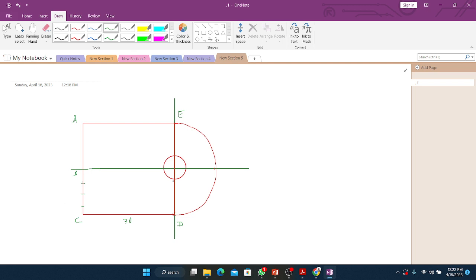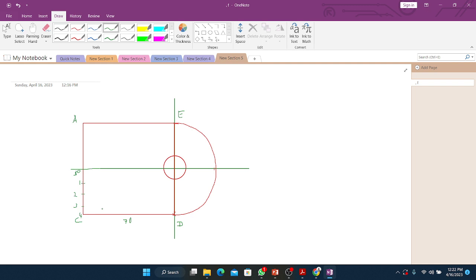So this one is normally 40, so you don't need to do the construction. Normally 10 millimeter using a ruler, 10 millimeter, 10 millimeter, 10 millimeter. We can mark 1, 2, 3, 4.